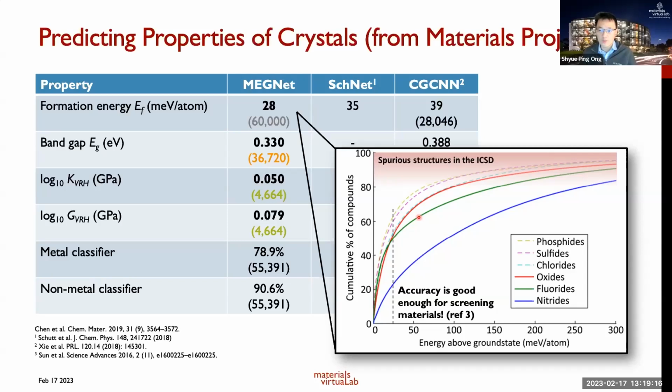In other words, most of the crystal structures that people have made, so they are synthesizable, are within 100 meV per atom of the ground state structure. And 28 meV per atom is well within that. With this kind of accuracy, we are already able to predict with some degree of confidence whether something is likely to be stable or not.